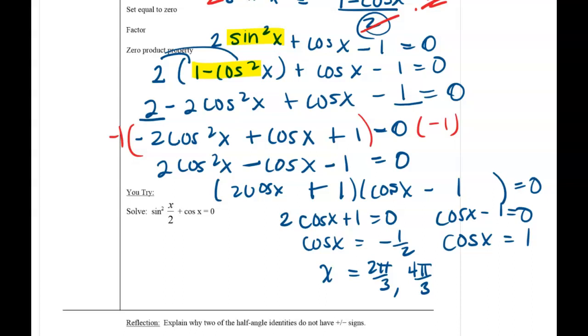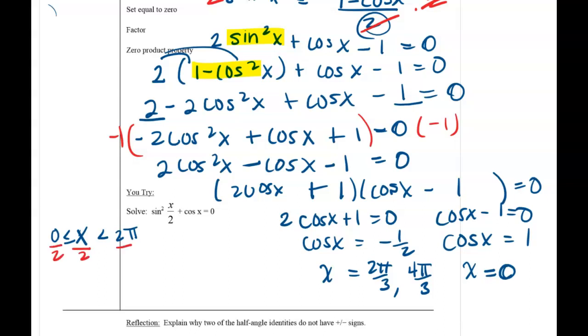And then where is the cosine equal to 1? It's equal to 1 at 0. Now, looking at the domain, because we are between 0 and 2 pi, but we're not solving for x, we're solving for x over 2.